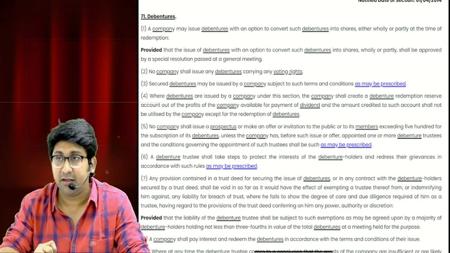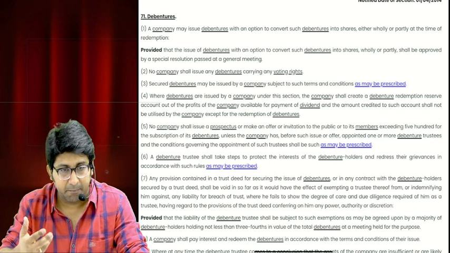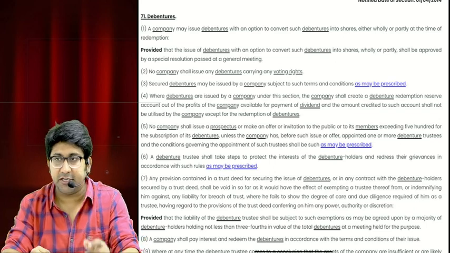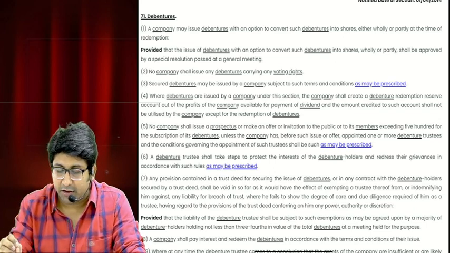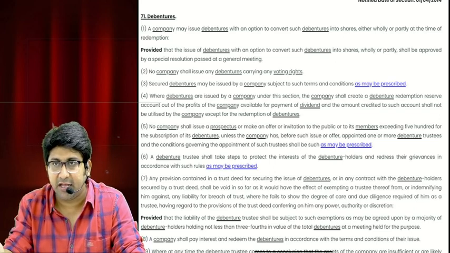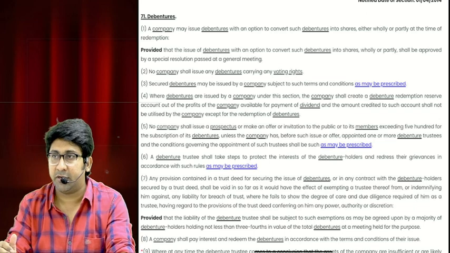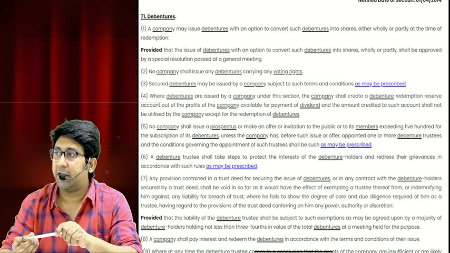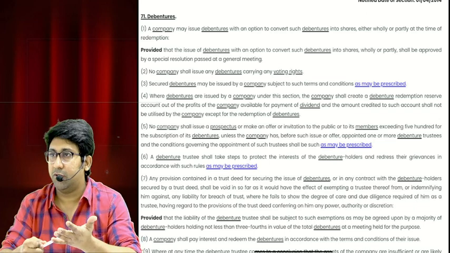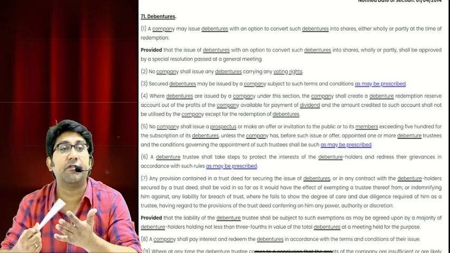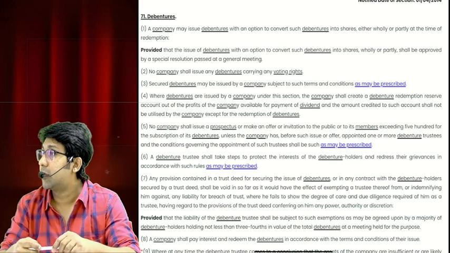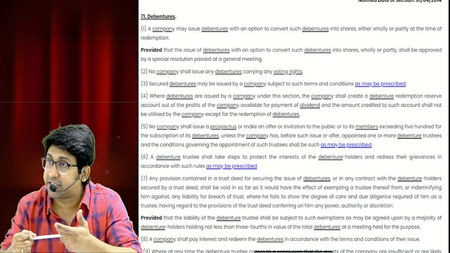A company may issue debentures with an option to convert such debentures into shares, either wholly or partly, at the time of redemption. That means, can a company issue convertible debentures?